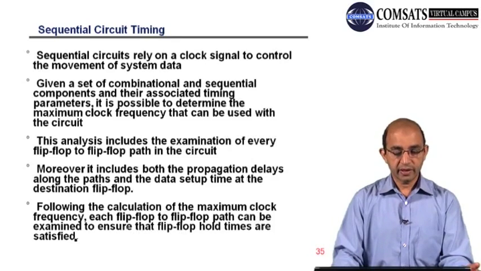Clocked sequential circuitry relies on the clock. Everything is carried out on the arrival of the active clock edge, either negative or positive. So the data movement is correlated with the clock, and we have to rely on the clock signal.